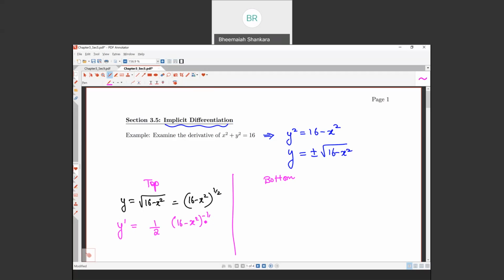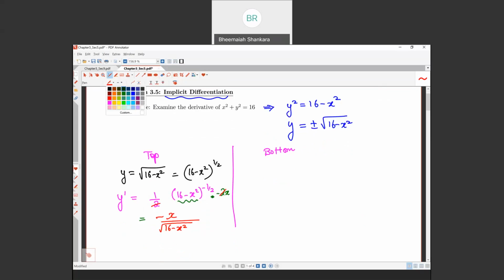So we did the power rule of differentiation. But please understand that we also have to differentiate the 16 minus x squared, which is negative 2x. Now let's simplify a little bit. I can cancel the 2 in the denominator and the 2 in the numerator and bring the negative out, and write it as negative x divided by (16 minus x squared), but this time I'm going to write the negative 1/2 as a square root function.